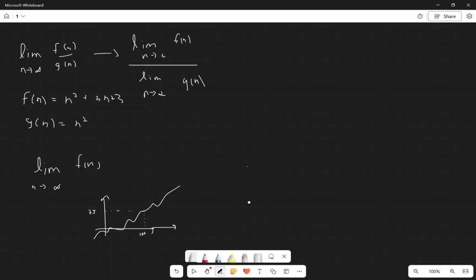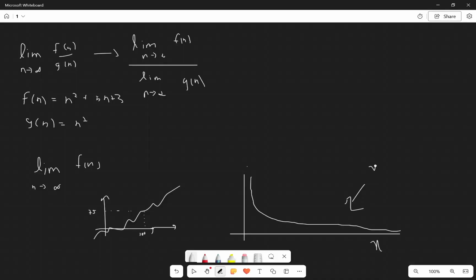So there are some functions that go like this. This is a function as well. Let's call this function hx.